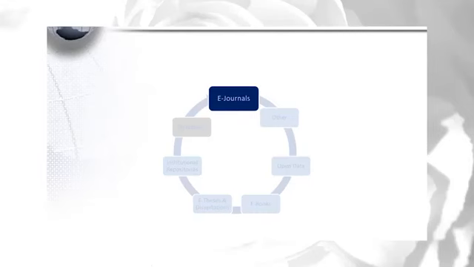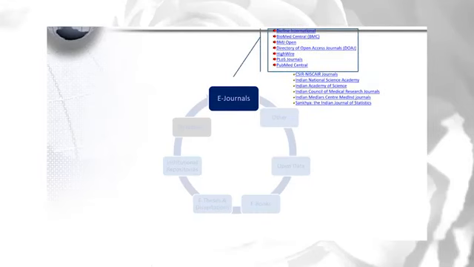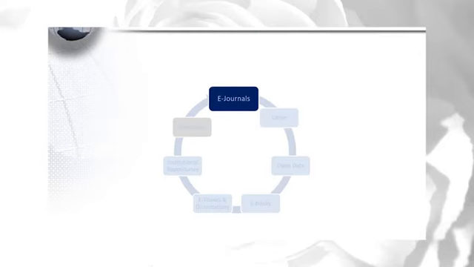Similarly, we have e-journals; a number of e-journals are there. We will take some examples from here also, HighWire journals, PubMed journals and things like that. We also have institutional repositories, and we will look at some of those.